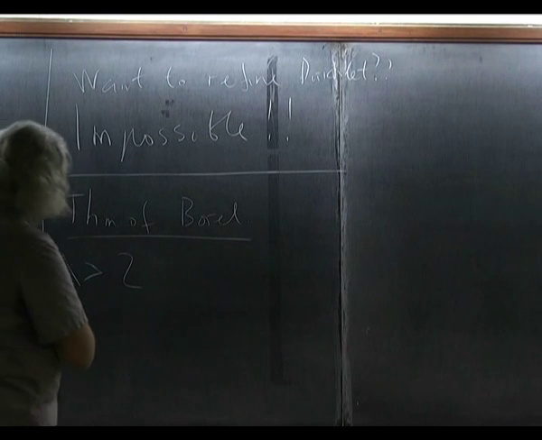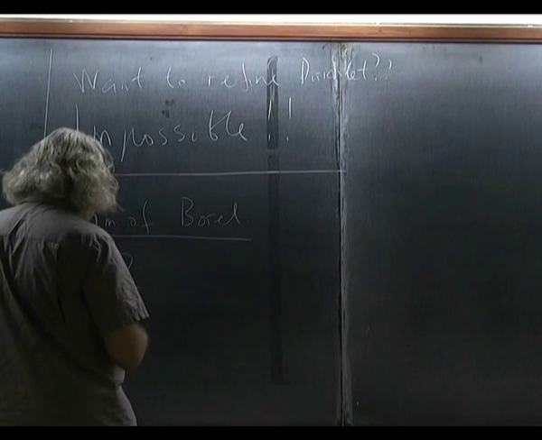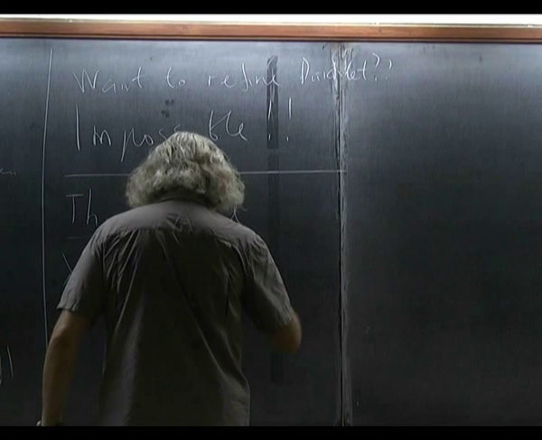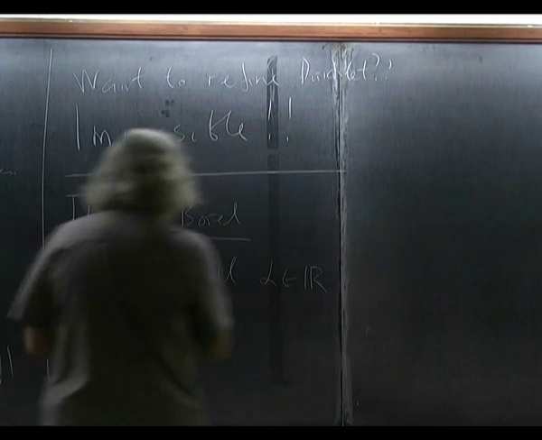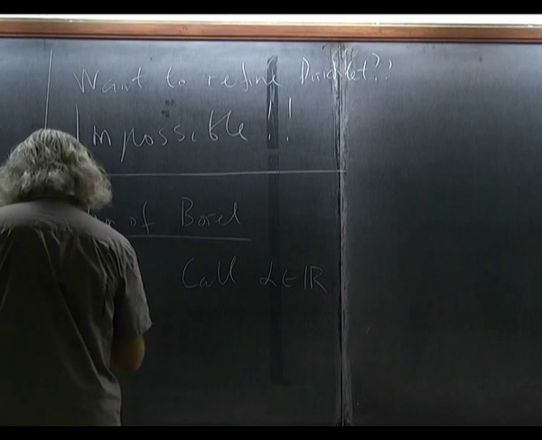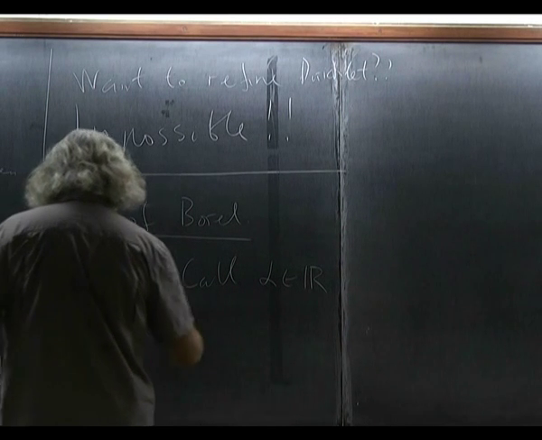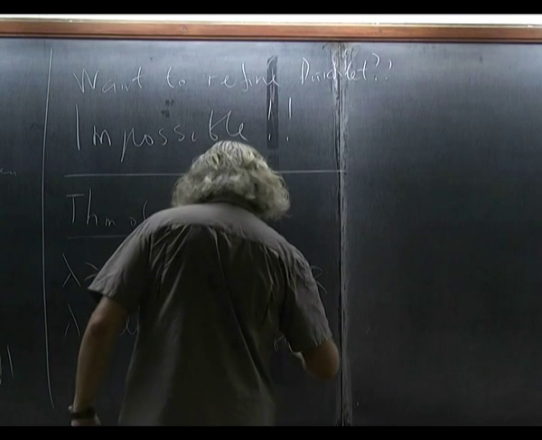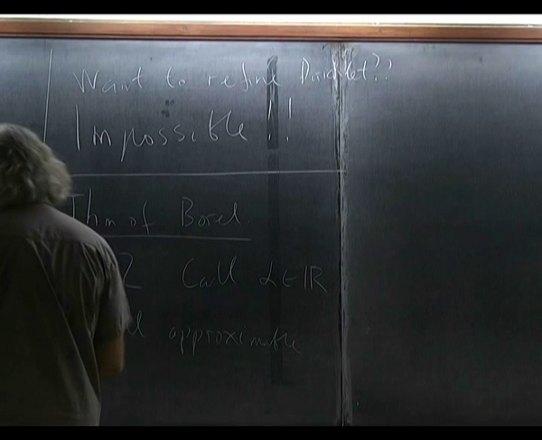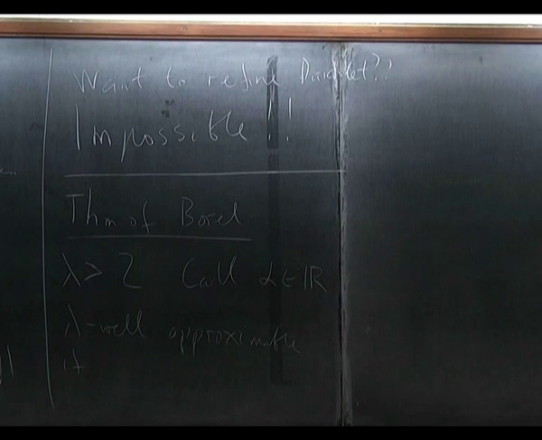And call alpha, a real number, lambda-well approximable if the theorem of Dirichlet can be refined with exponent lambda.